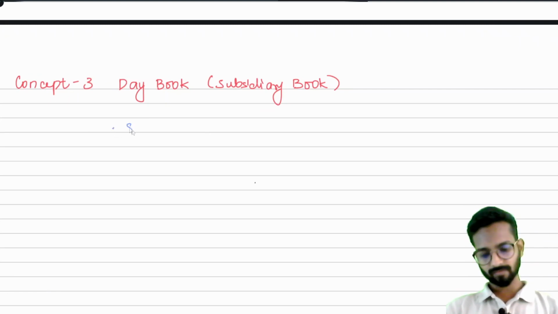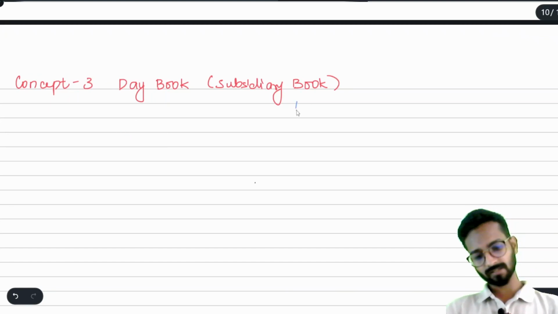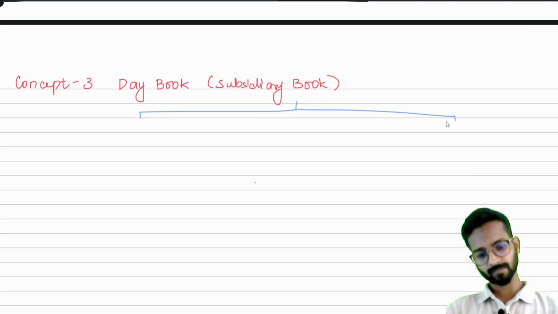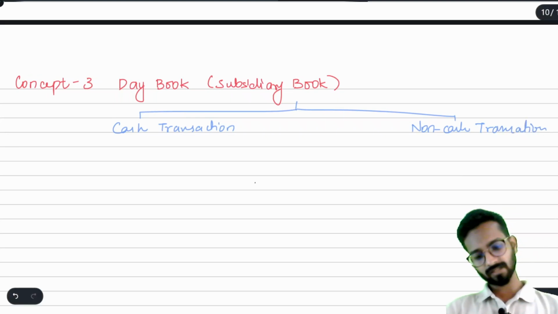See, if I can say that there are two types of transactions, those will be cash transactions and non-cash transactions. Now, cash transactions are recorded in cash book.